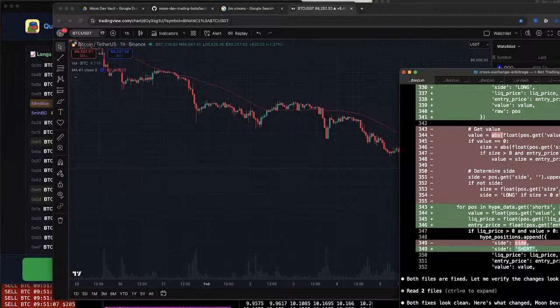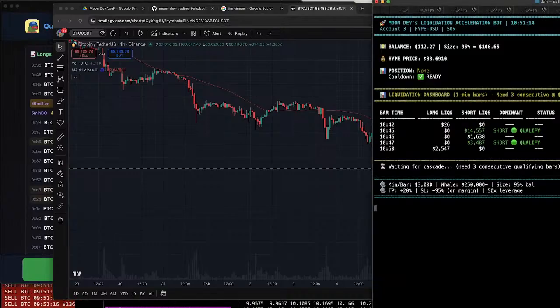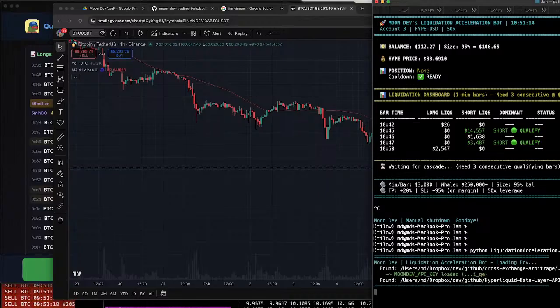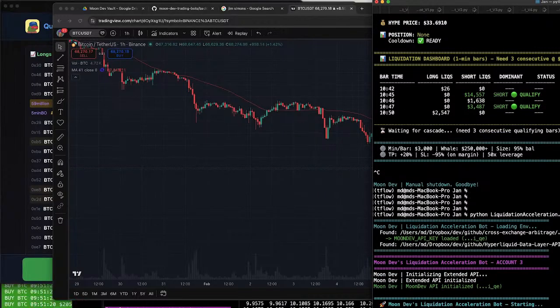So both fixes look clean. Here's what changed, Moondev. Okay, beautiful. So I can go ahead and reset that then. Lake acceleration. Okay. I knew something was going on here because this should have been cooking. Should have been cooking yesterday.